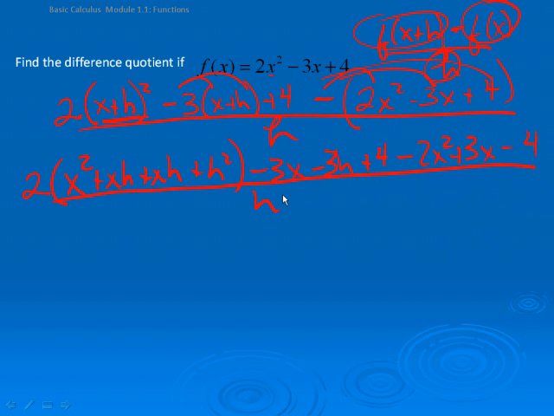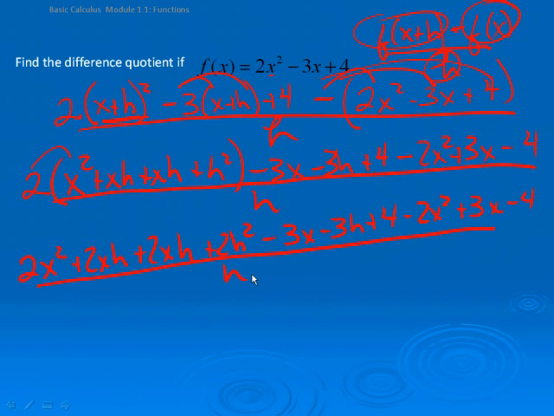Next I'm going to distribute the 2, so that'll be 2x squared plus 2xh plus 2xh plus 2h squared minus 3x minus 3h plus 4, minus 2x squared plus 3x minus 4, all over h.